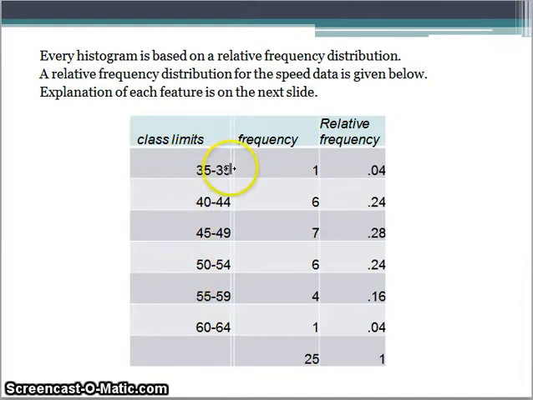Now, you can probably see why we would not go up to 40 here. Well, we wouldn't go 35 to 40, 40 to 45. And that reason is that if we went 35 to 40 and 40 to 45, then somebody who was driving 40 miles per hour, we wouldn't know which of these two categories to put them in.